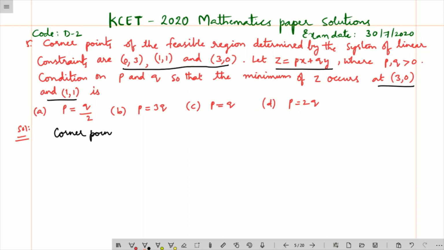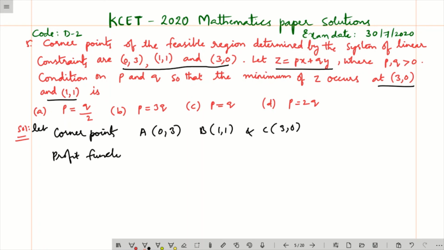What are the corner points? Let the corner points be A 0, 3, B 1, 1, and C 3, 0. And what is the profit function given here in the problem? Profit function Z is equal to Px plus Qy, where P and Q are positive.